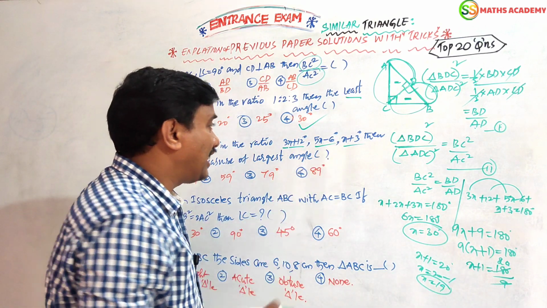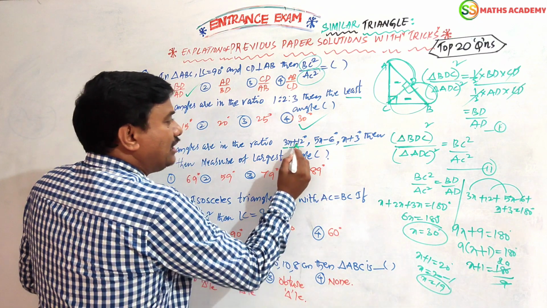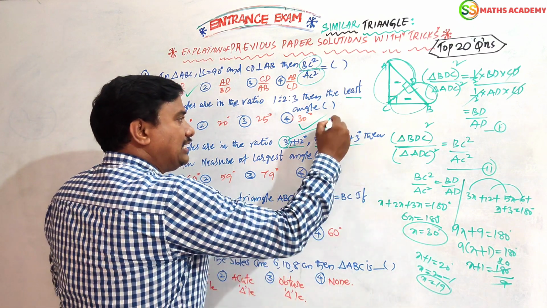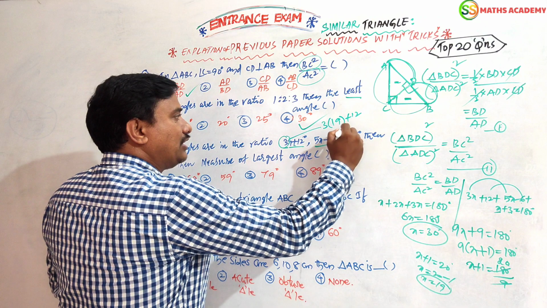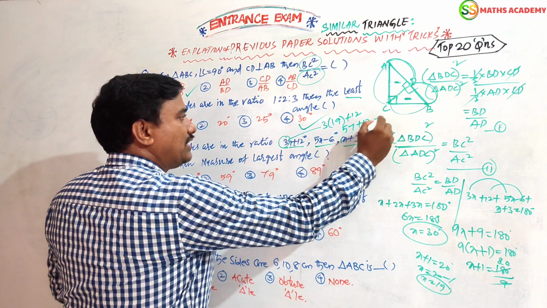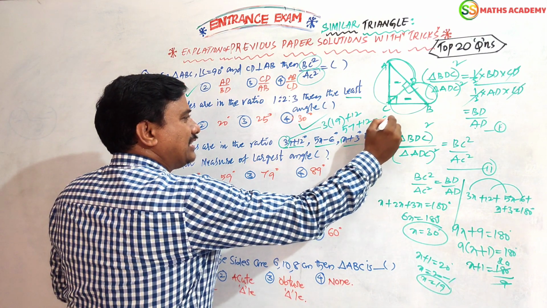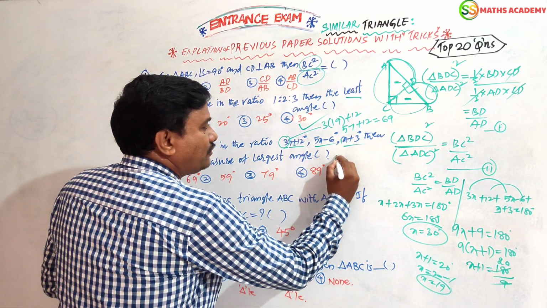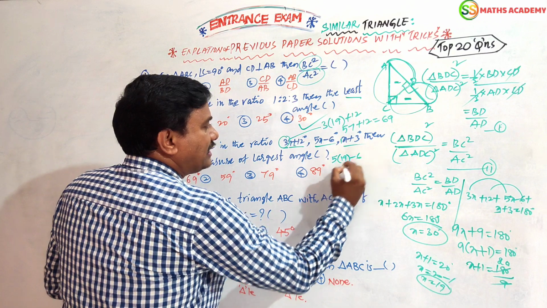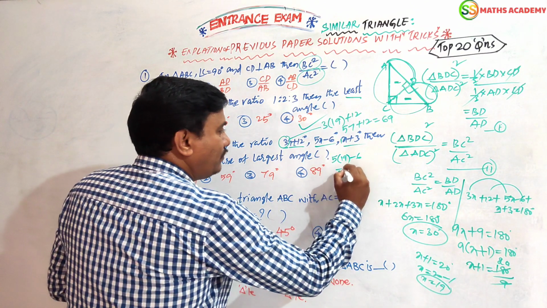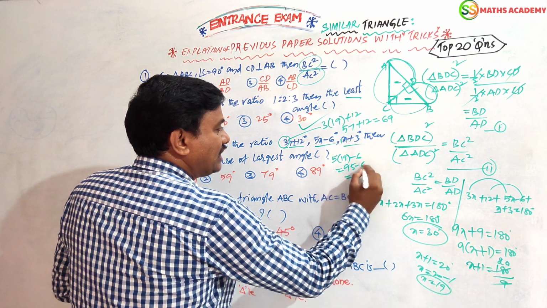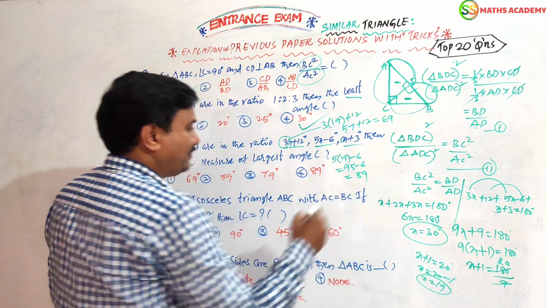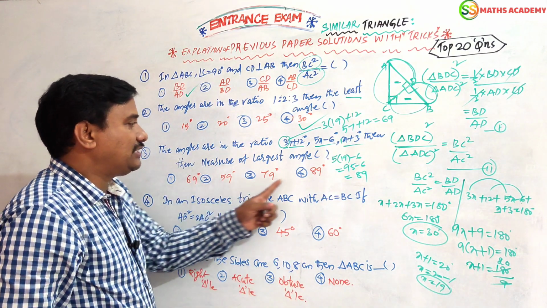I got the x value 19, but he is asking for the largest angle, so you can substitute the x value here. 3 into 19 plus 12: 3 19s are 57 plus 12, nothing but 69. We have to check other angles also. Next angle is 5 into 19 minus 6: 19 5s are 95, minus 6 is 89.